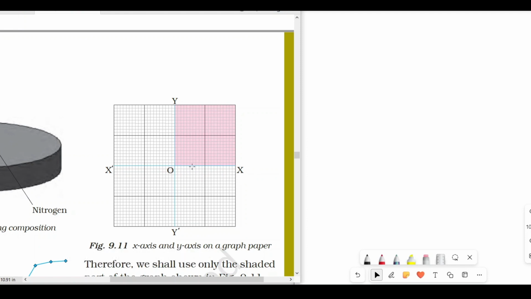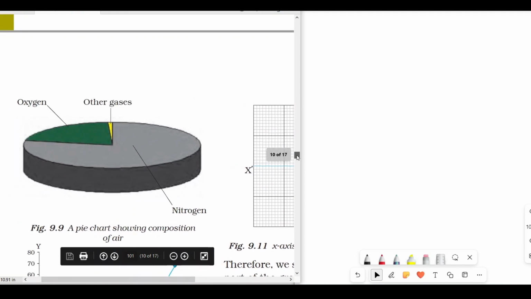So here what happens is this is a graph and these are the important lines: Y O Y dash, X O and X dash. So let's see what these lines actually mean.